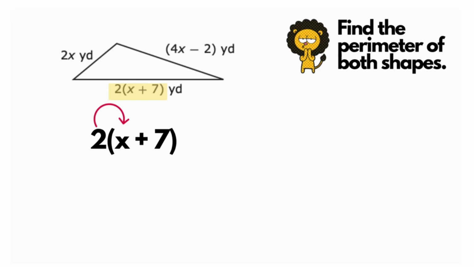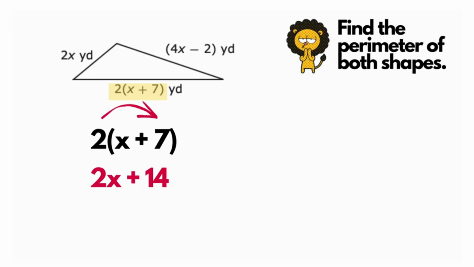So let's take a look. 2 times x is 2x. And then we look at the other one. It's going to be plus 2 times the value of 7, which is 14. So 2 times the value of x plus 7 can also be written as 2x plus 14.